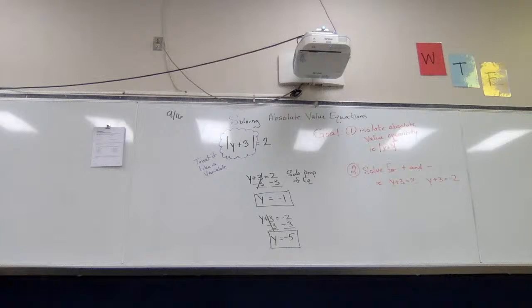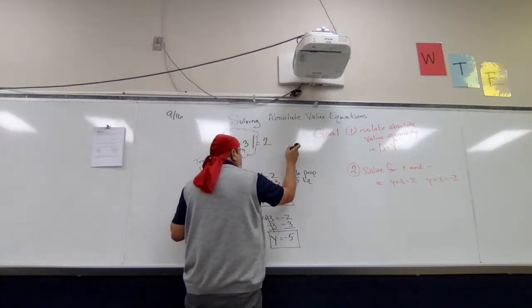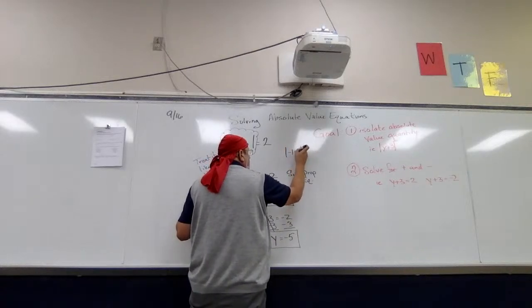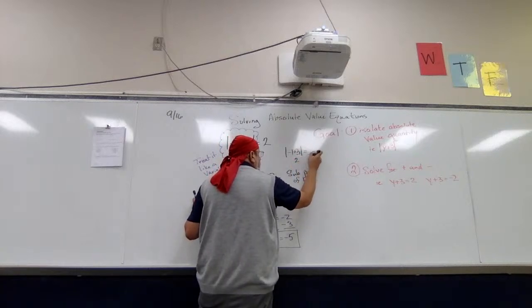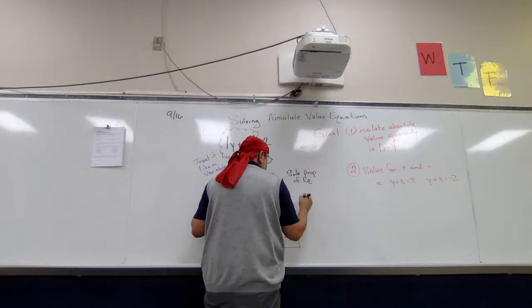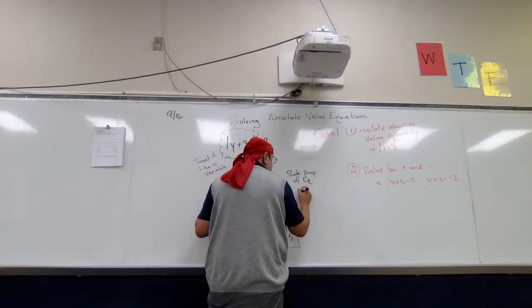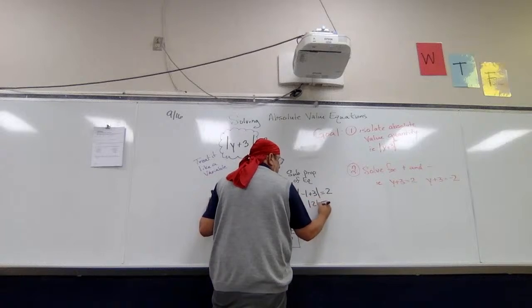Does that make sense? We can check it. If I put in -1, the absolute value of -1 plus 3 equals 2, yes, the absolute value of 2 is 2.